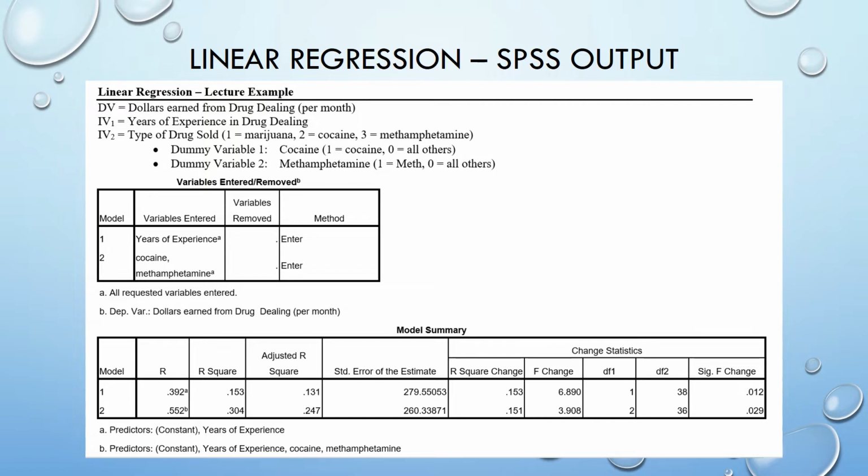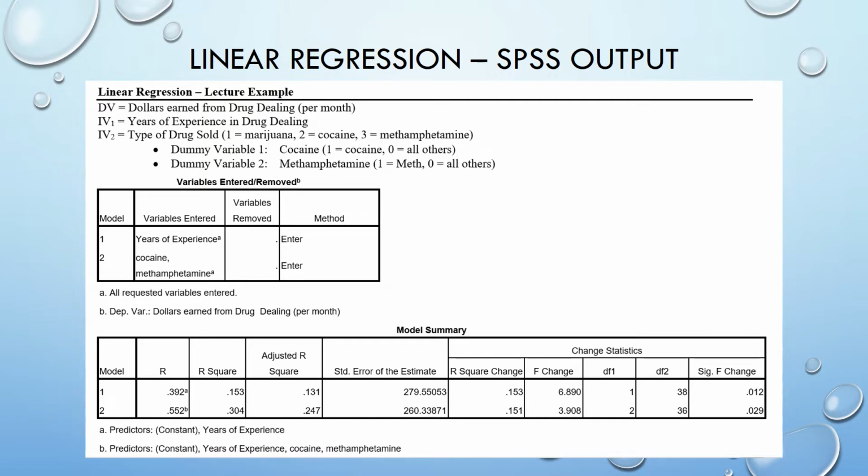Now let's take a look at the very bottom table that we see on this particular slide. The bottom table says model summary. We will see this as we go through some of the steps of interpreting and finding the important information on the following slides. But overall, the model summary tells us the strength of predictability that our particular regression model has.